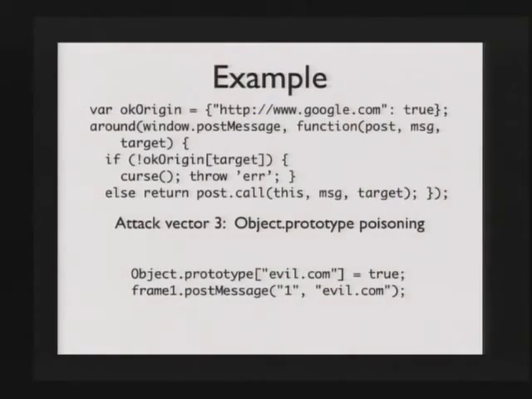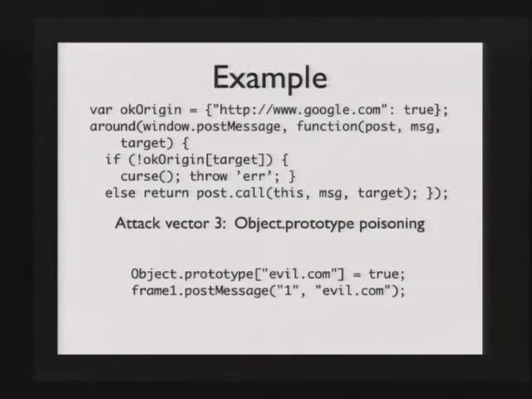Another attack vector could be, you could change the prototype of object, which is the top of the type hierarchy. So you could install the string evil.com and say that this would match to true. And so now if you call postMessage with evil.com, it will not be found in OK origin.